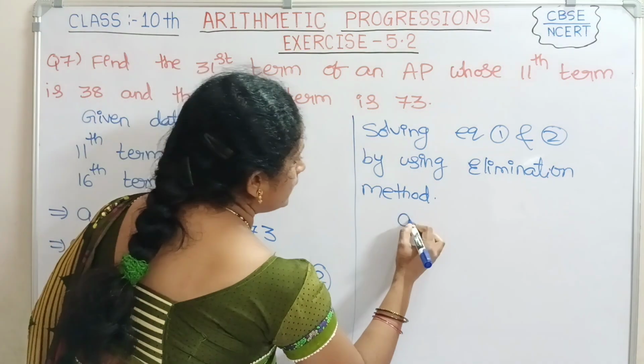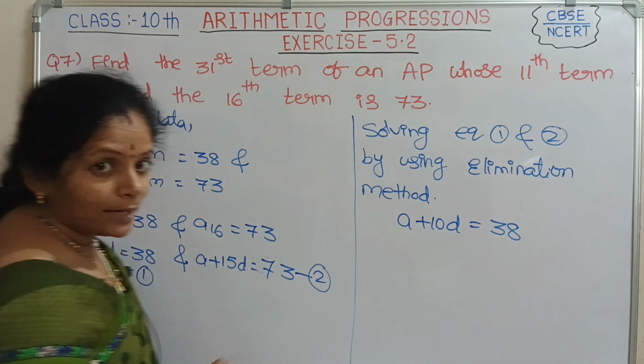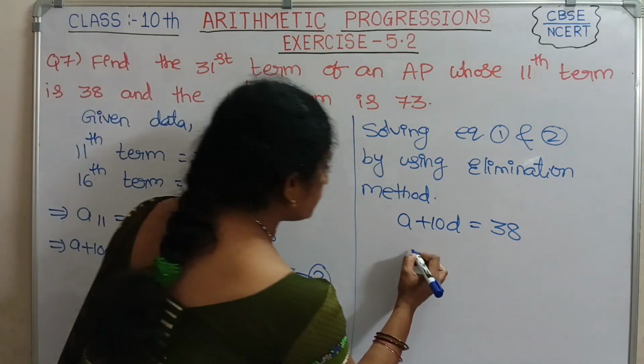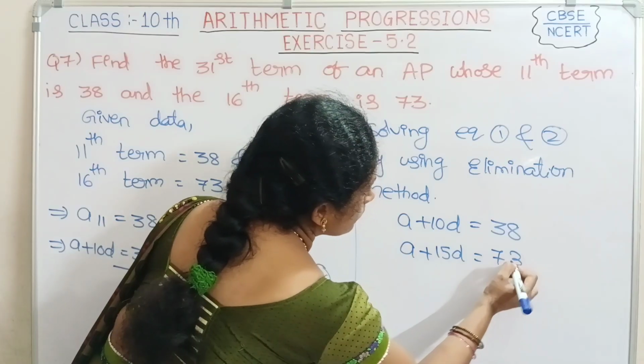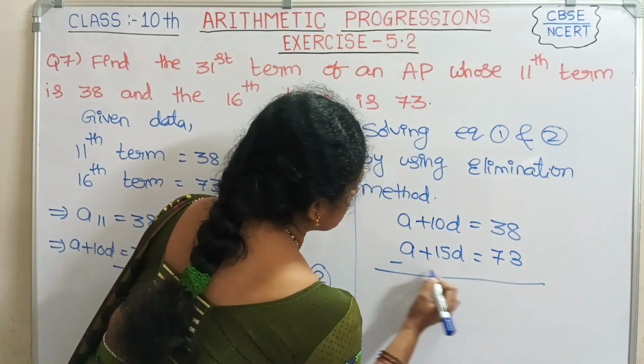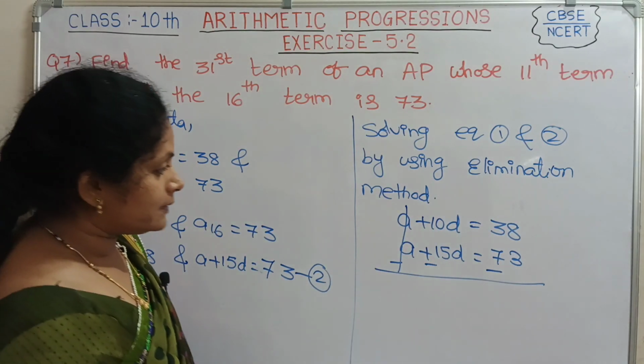A plus 10D is equal to 38 and A plus 15D equal to 73. Subtracting: A minus A will get cancelled.